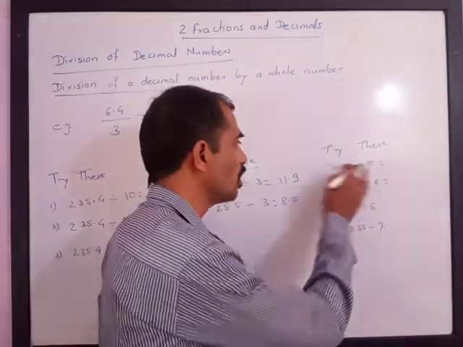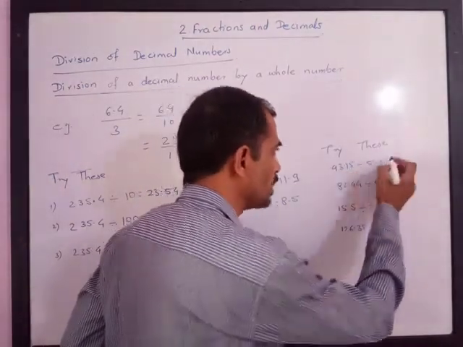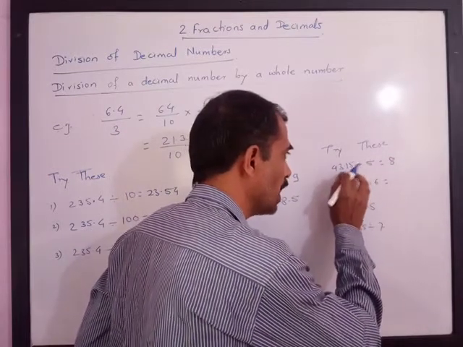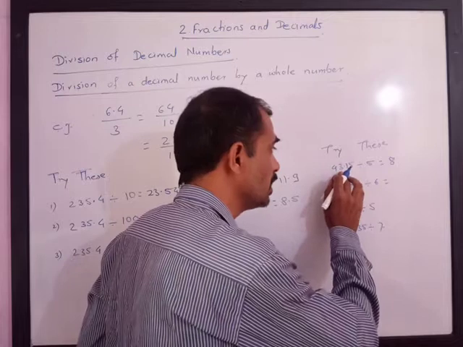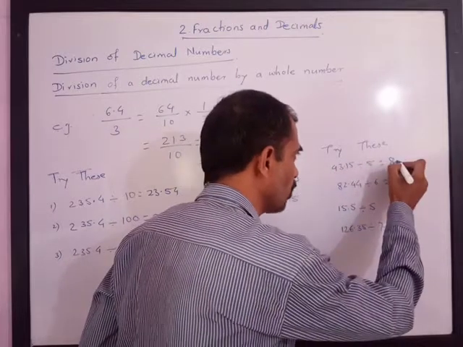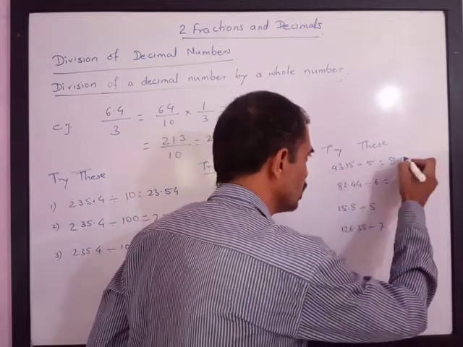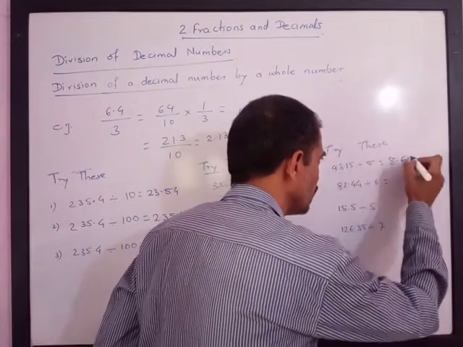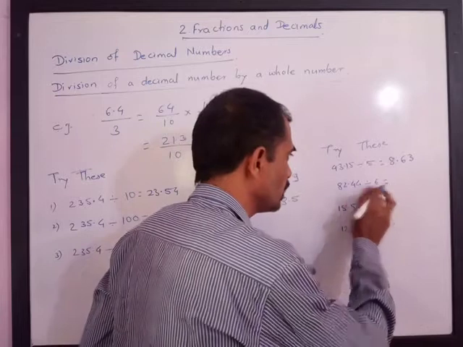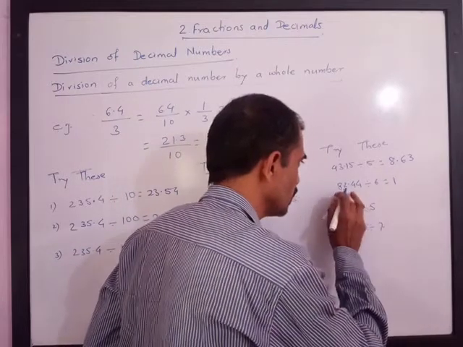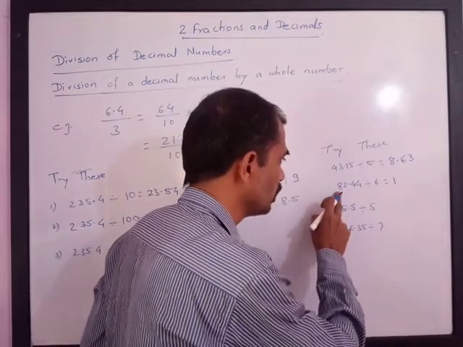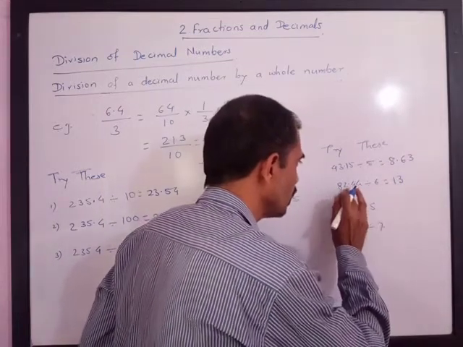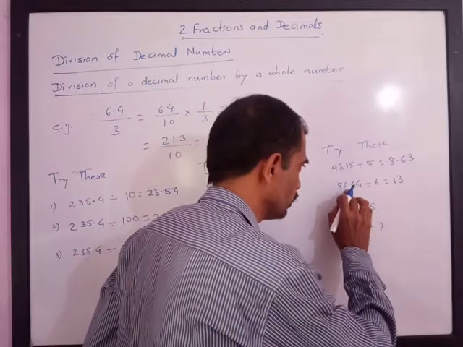Similarly, we can solve this. 5 8s are 40. Now we have to take the digits after the decimal point, so give the decimal point. 5 6s are 30. 5 3s are 15. 6 1s are 6. 2 left. 22. 6 3s are 18. 4 left.